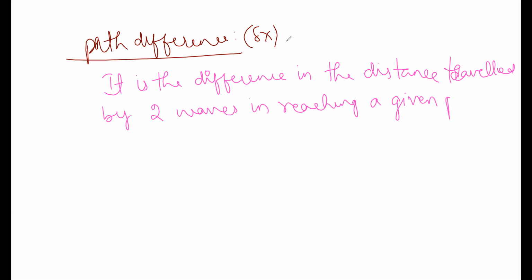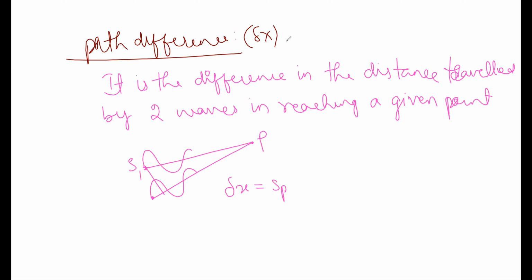In order to show this one, I am going to draw two waves. They are moving and they are going to meet at a point P. This is the first wave, and the same thing, this is the second wave. The difference in distance between two waves, represented by delta x, is equal to S2P minus S1P.